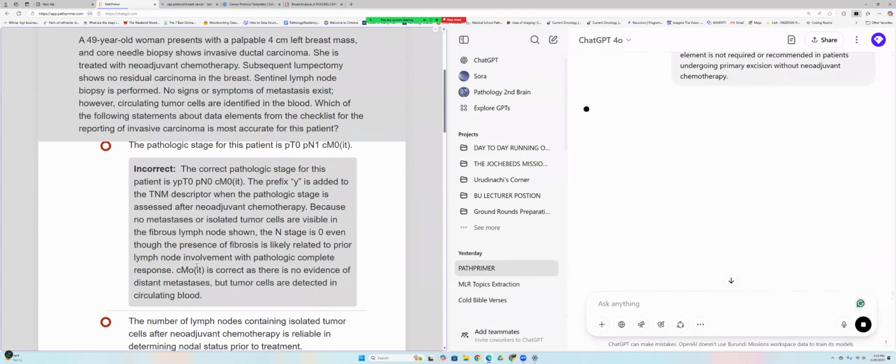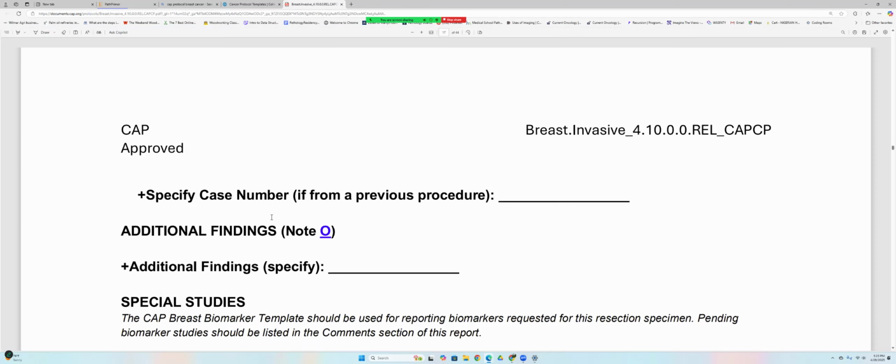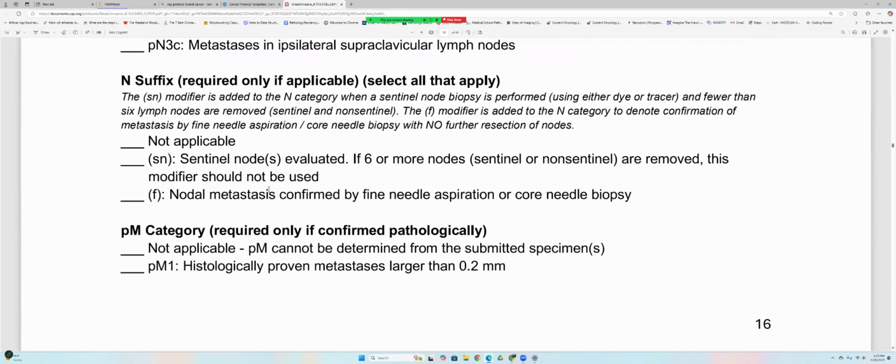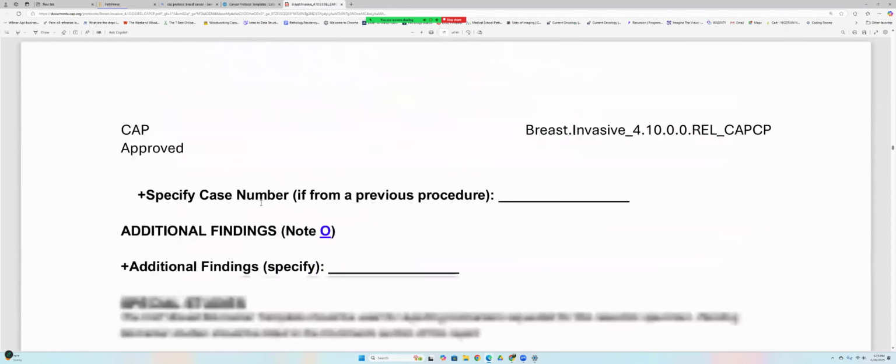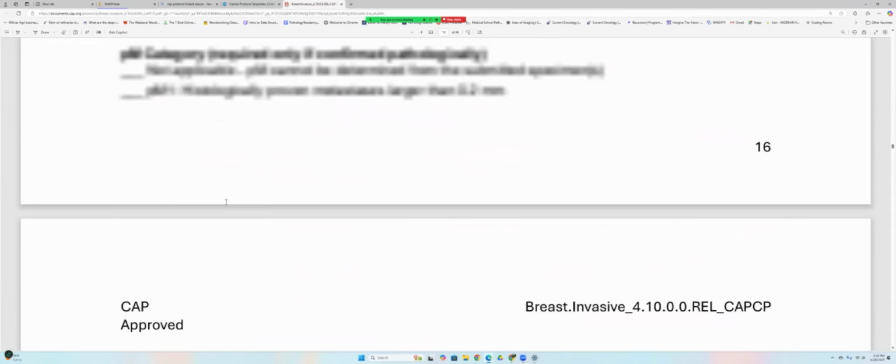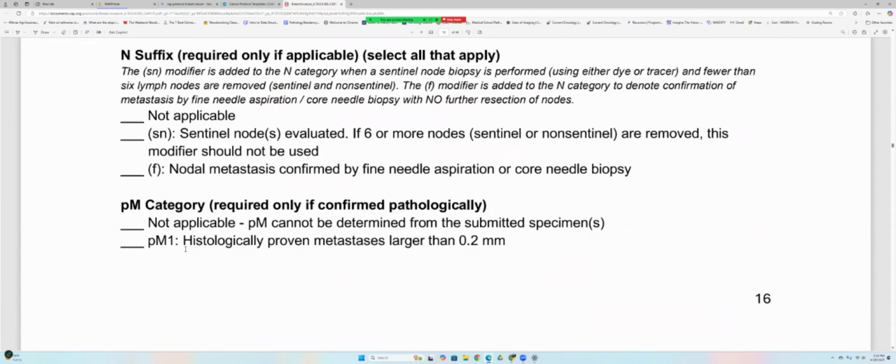Yeah, cM0(i+) is correct because it's the evidence of distant metastasis. Do you know that this cM0(i+) is not even in the CAP protocol? Let me see. Let's go to M. This is M. cM0(i+), circulating.